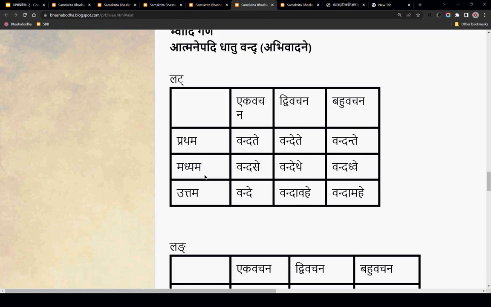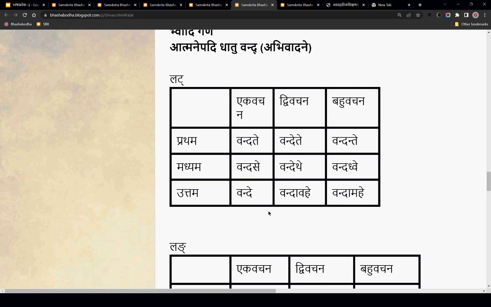Madhyam Purusha, you salute. One of you: tvam vandase. Two of you salute: yuvam vandethe. Many of you salute: yuyam vandadhve. I salute: aham vande. Vande we come across many times in all these stotras, stutis.